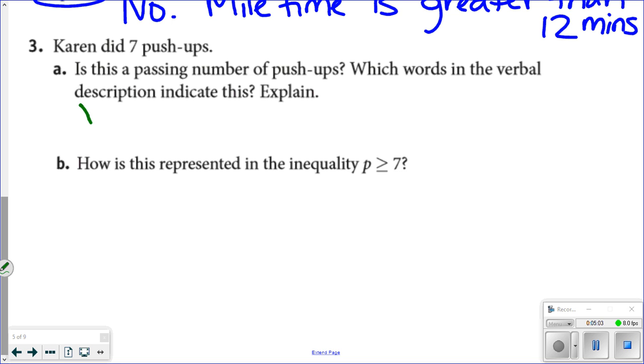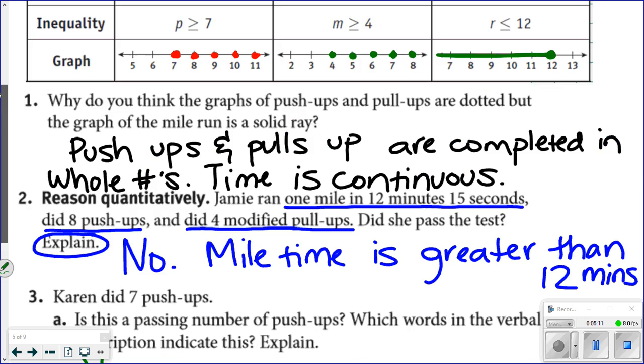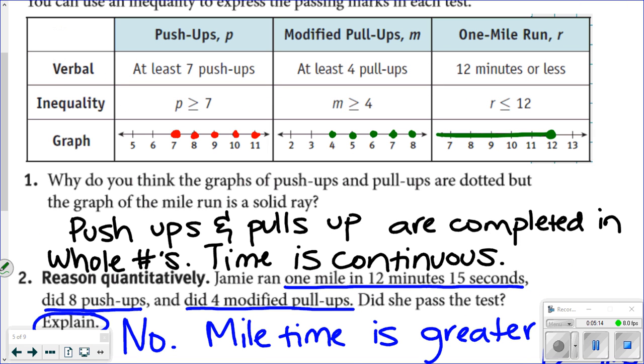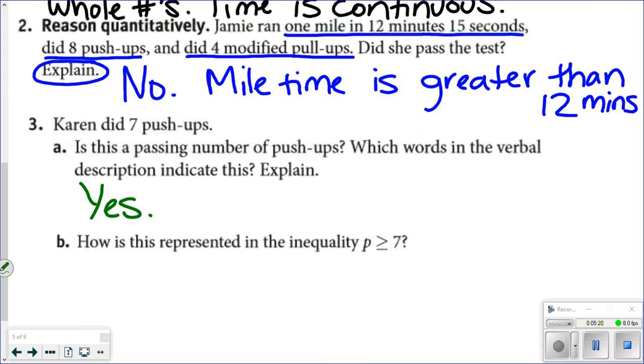Is 7 a passing number? Yes. So which words in our verbal description indicate this? If we go back up to our push-ups verbal description, it says at least 7. So because of the words at least, that indicates that 7 is a passing number.